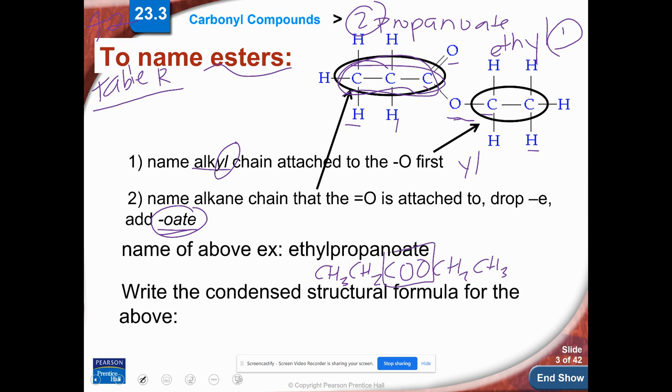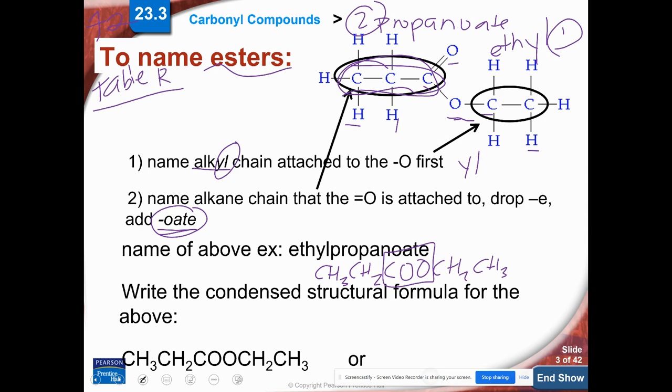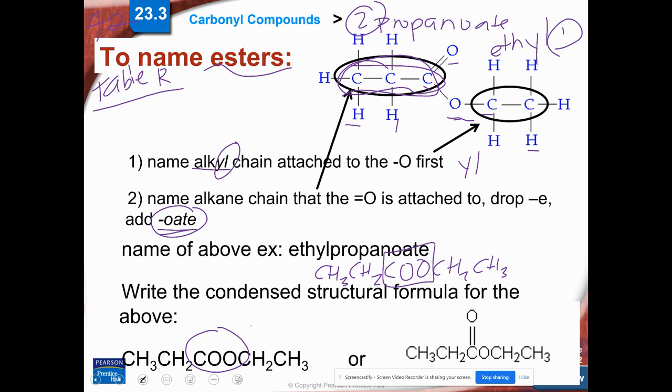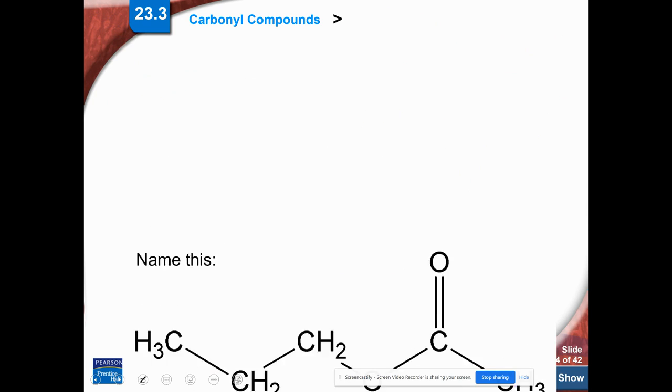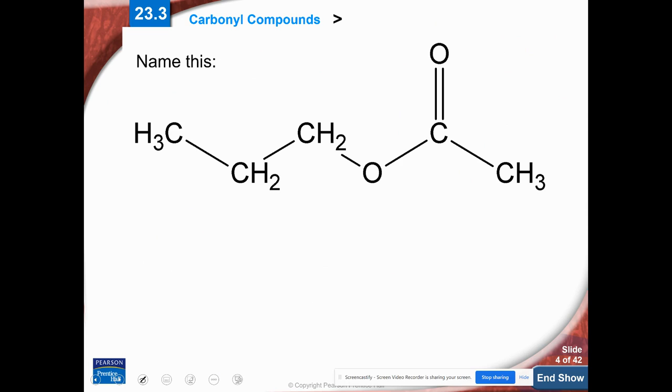Here's my letter code combination for ester, COO. Let me move this over here. Here's that COO letter combination. Sometimes you'll see it like this. There's that COO. Okay, so let's give this one a name.